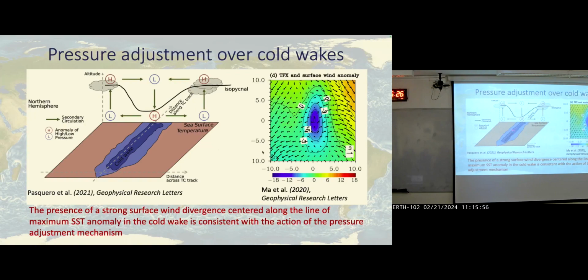Above this cold trail, we get something that looks like a secondary circulation, with divergence at the surface and convergence at the upper levels. The explanation was that it's the pressure adjustment mechanism that was acting in this case.